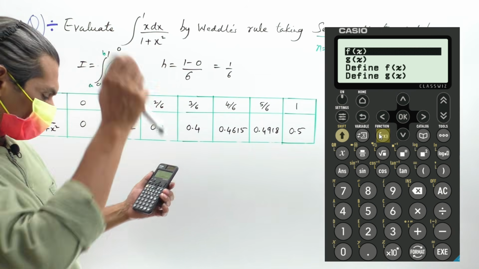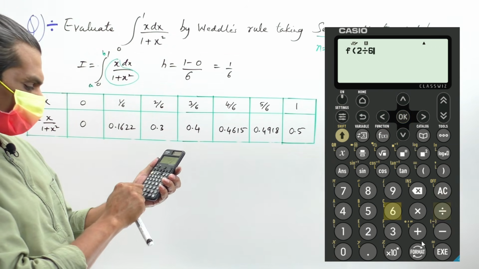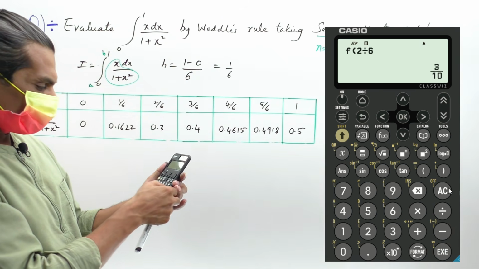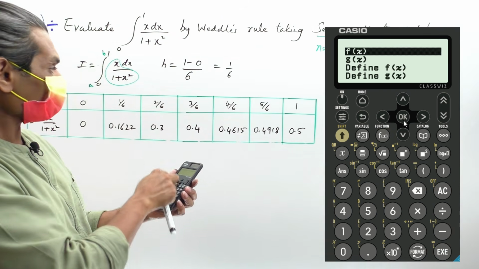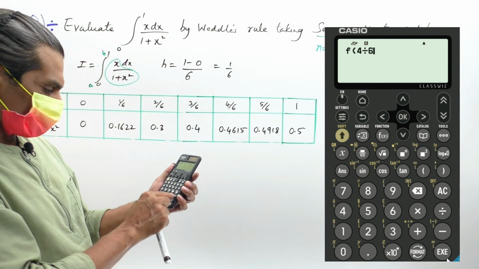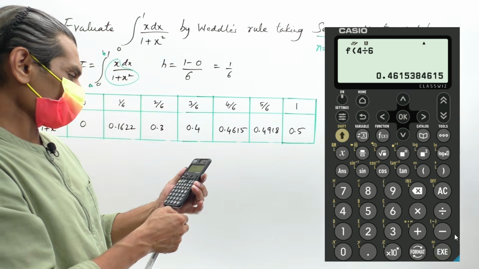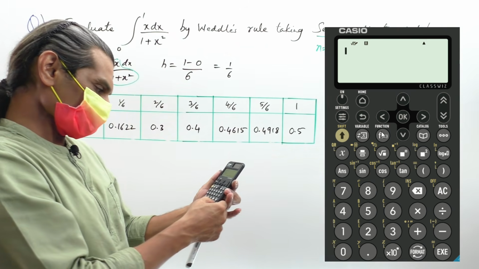Then again f of 2 divided by 6, execute, 3/10, it is 0.3. Again f of 4 divided by 6, execute, 6/13, shift equal to 0.4615. Perfect.